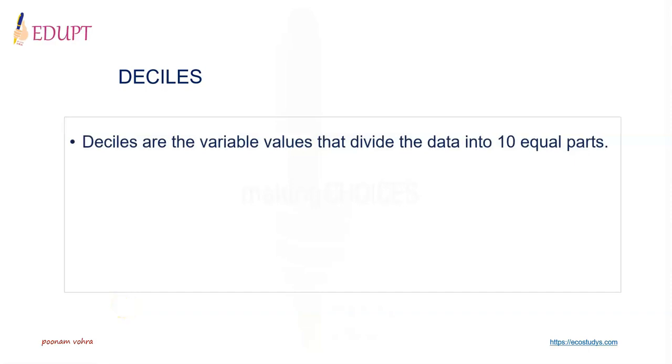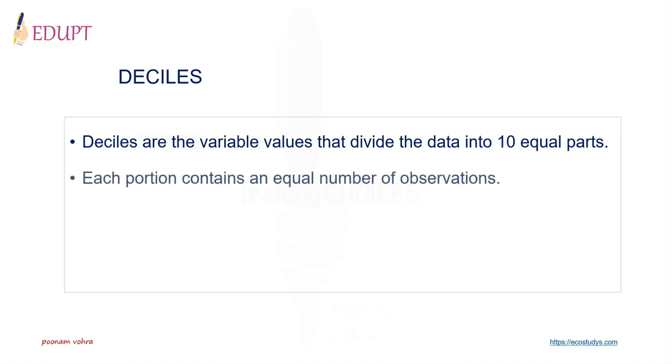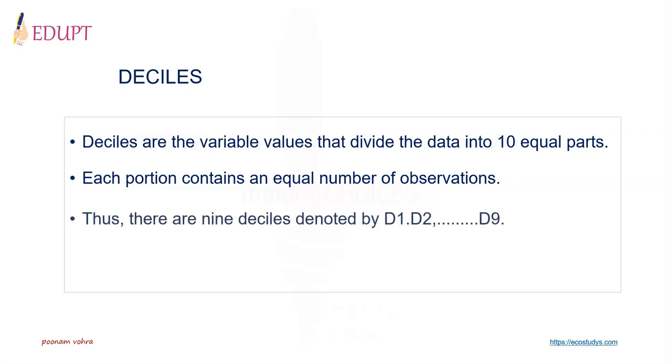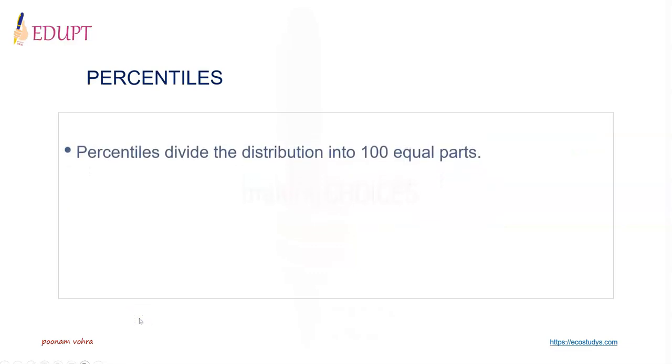Deciles. Deciles are the variable values that divide the data into 10 equal parts, and each portion contains an equal number of observations. Thus, there are 9 deciles denoted by D1, D2, D3 till D9, and D5 is the median value. Now, percentiles.